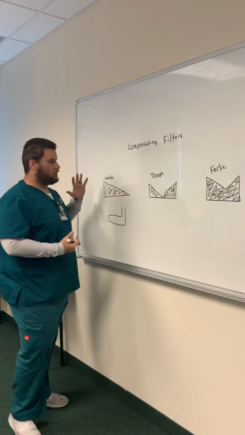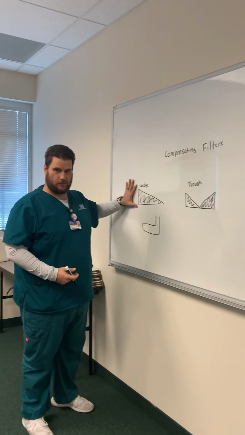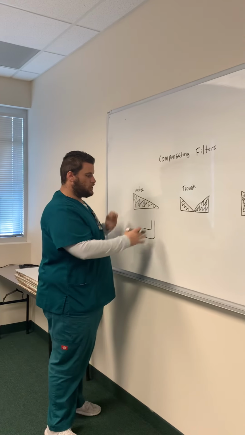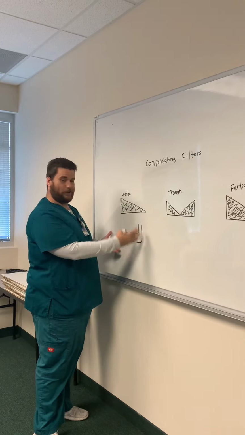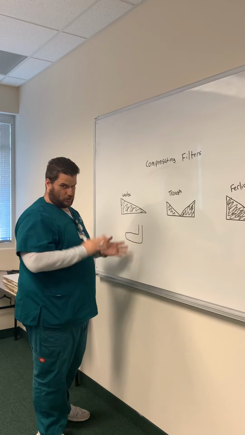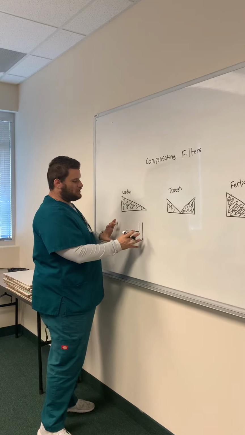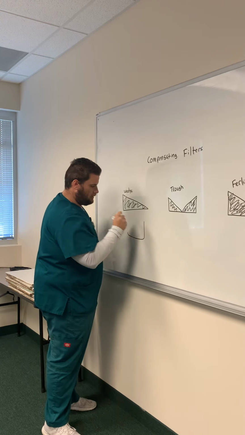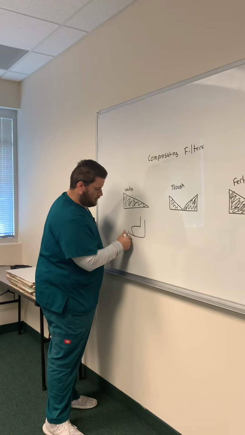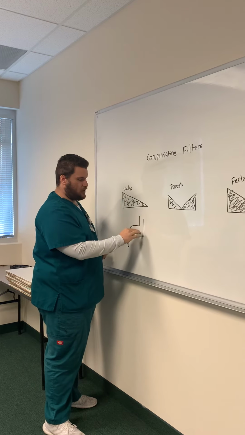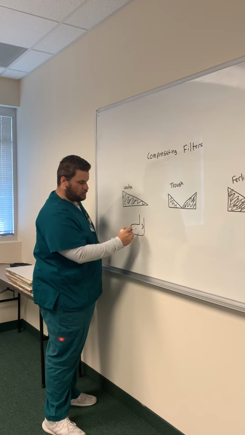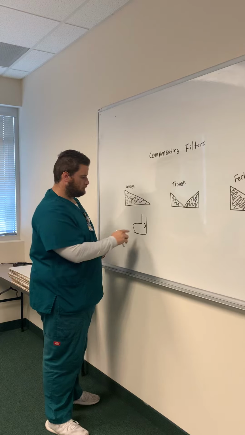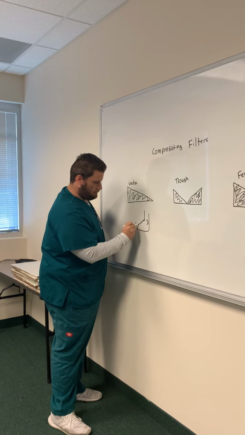So now I'm going to give you an example with the wedge filter. Here you have my drawing of a horrible foot. You can see that the thicker part of the foot is where the ankle and the heel are, right?